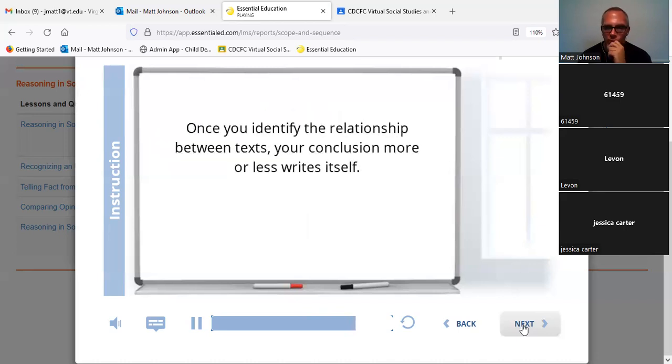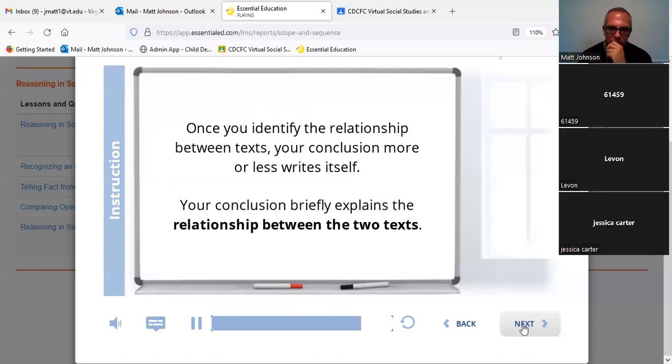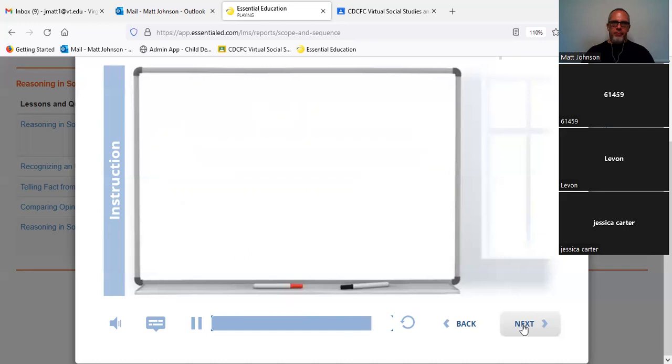Once you identify the relationship between texts, your conclusion more or less writes itself. Your conclusion briefly explains, using details from the text, the relationship between the two texts. So if the information in one text extends the information of another, just explain how it does so. For example, remember my Apollo 13 diagram?